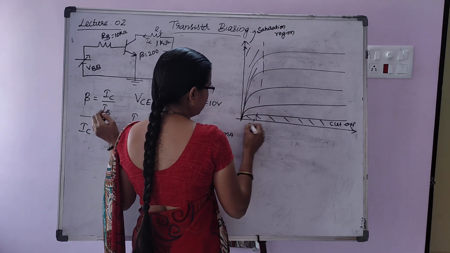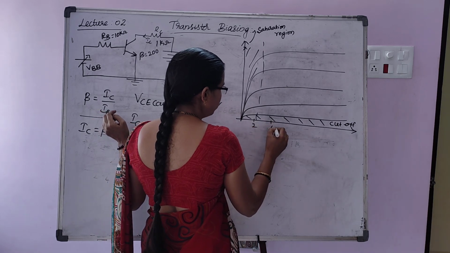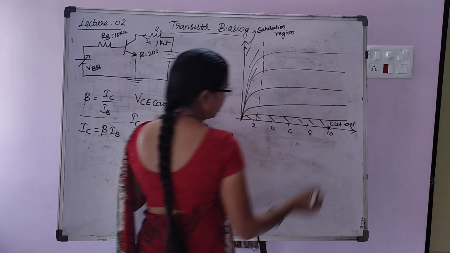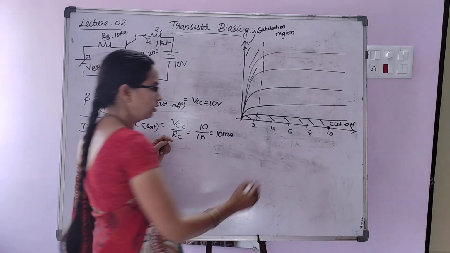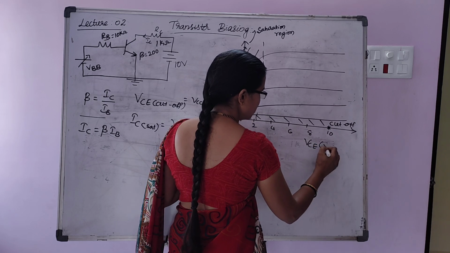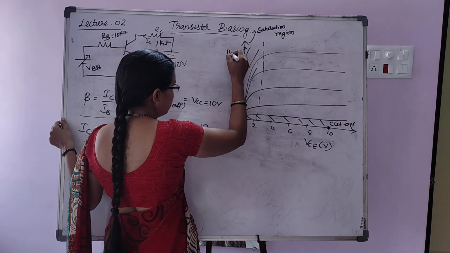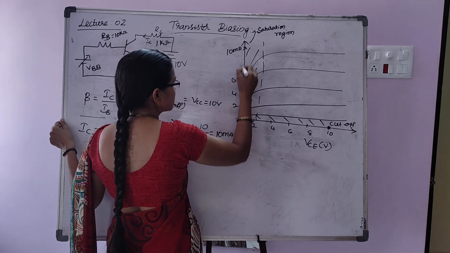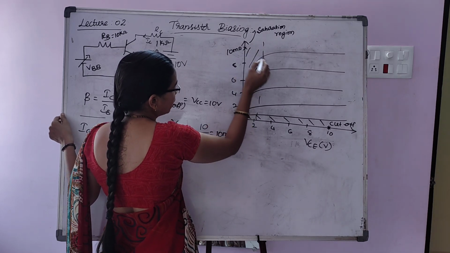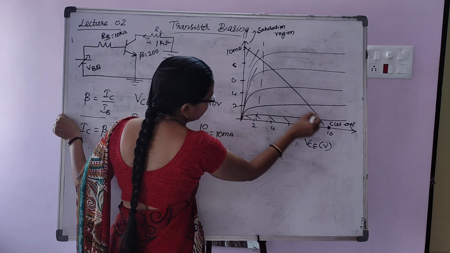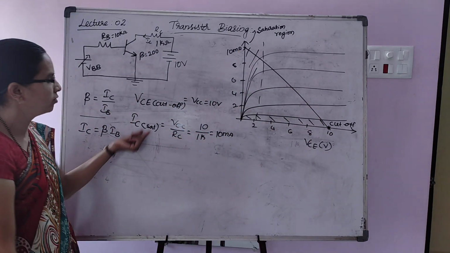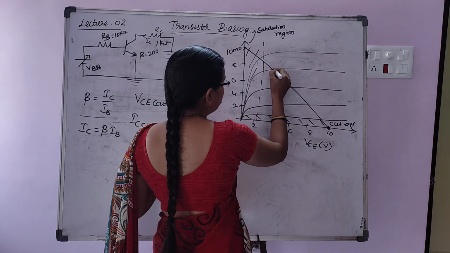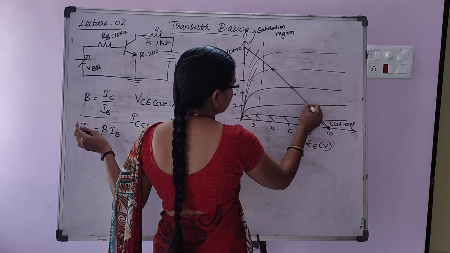If I treat this as 2, 4, 6, 8 and 10, one of the endpoints of the DC load line is 10 volt, that is VCE on the x-axis, and the other is 10 milliamperes. So the DC load line will be drawn, a straight line joining the two endpoints that we have already calculated.